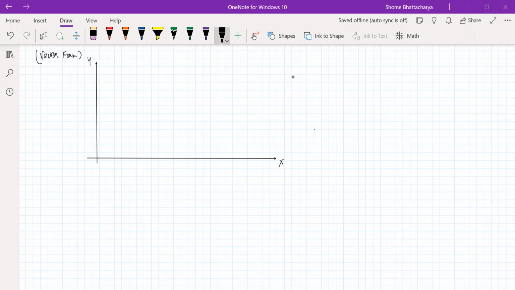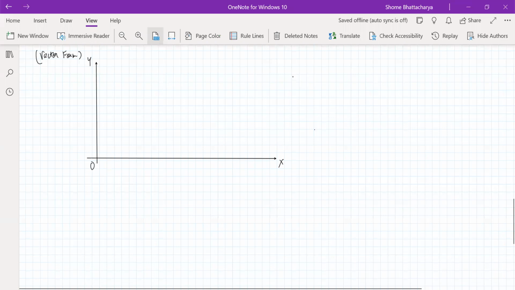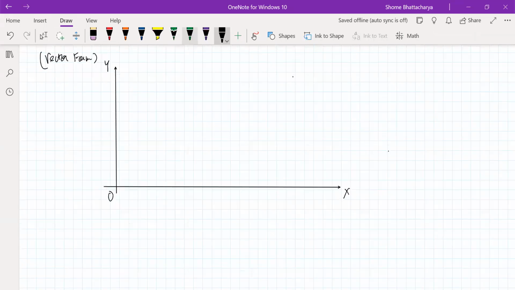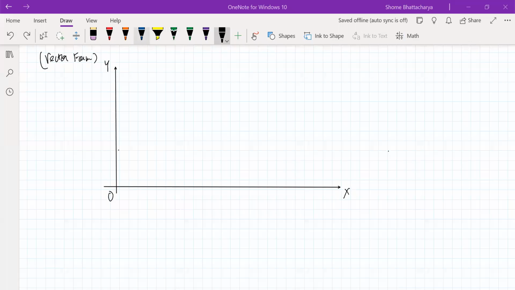So suppose in the XY plane, we have two individual particles which are located at the individual points. We have the particle M1, which is located at the position X1, Y1, and we have, let's say, another particle M2, which is located at X2, Y2.